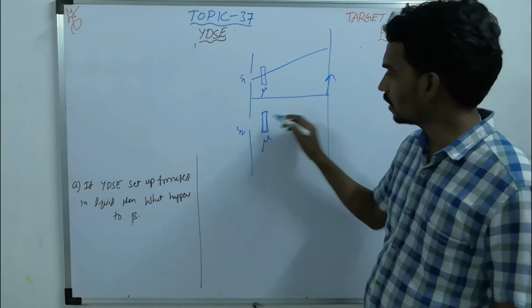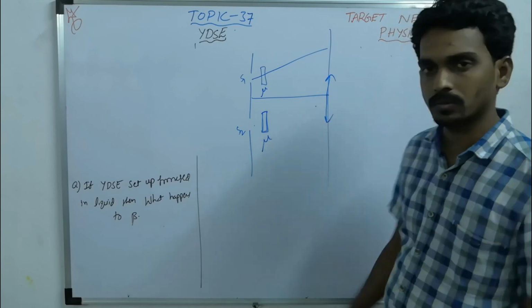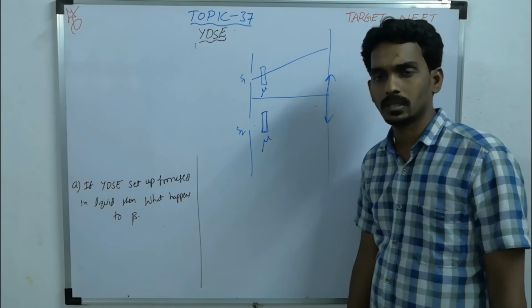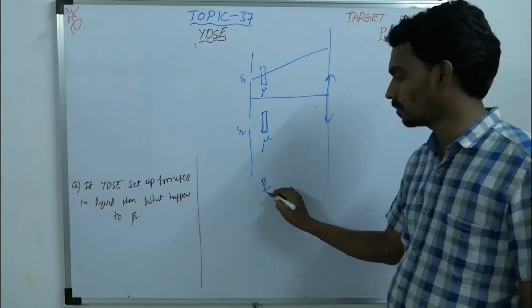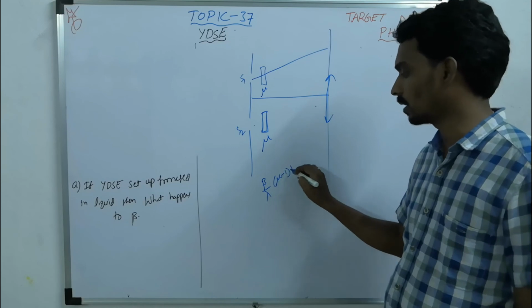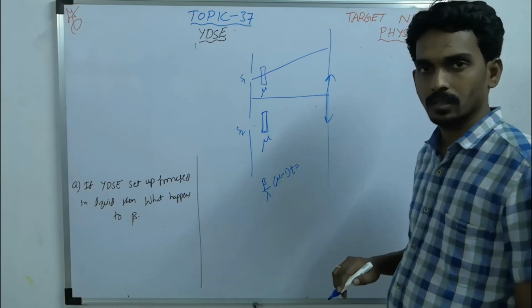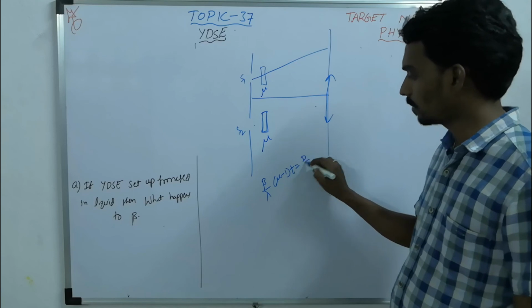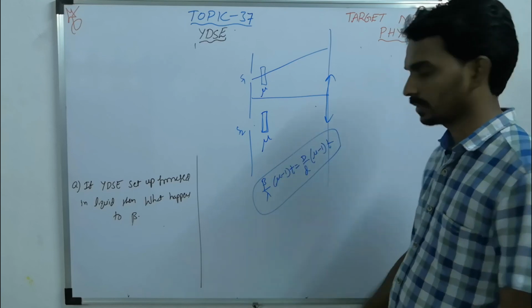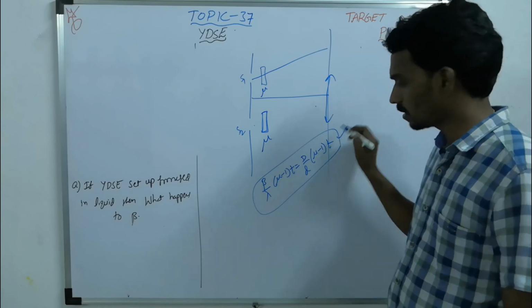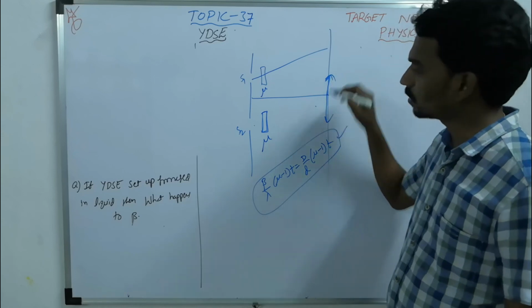If you introduce it in this path, the central fringe shifts downward by some distance. That is called shift, and the shift produced is D by d into mu minus 1 into t, or capital D by small d, mu minus 1 into t. So this is the shift in the fringe position.